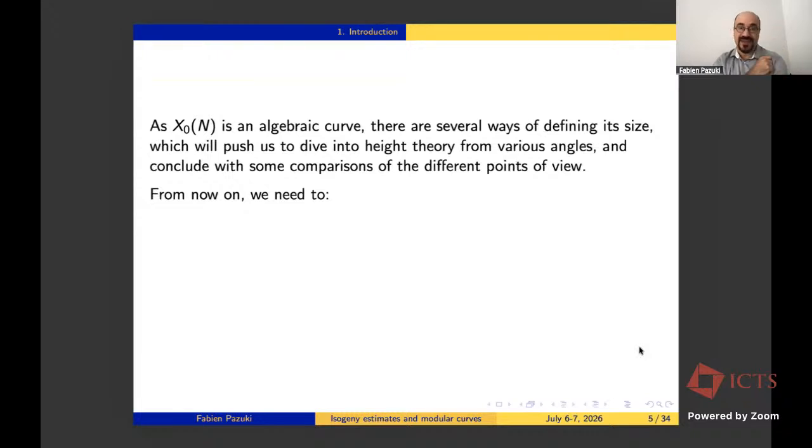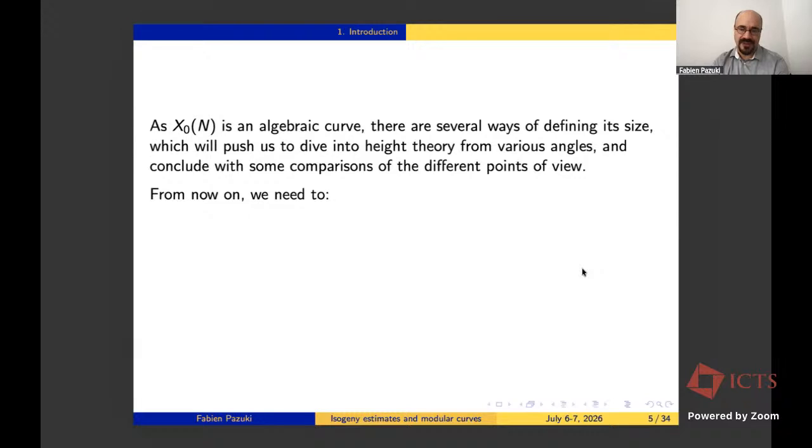We can measure its size using various methods, various theories within height theory. And so now that we have several methods to compute the size of this moduli space, it will be also necessary, or at least interesting, to have comparisons between these various measures.